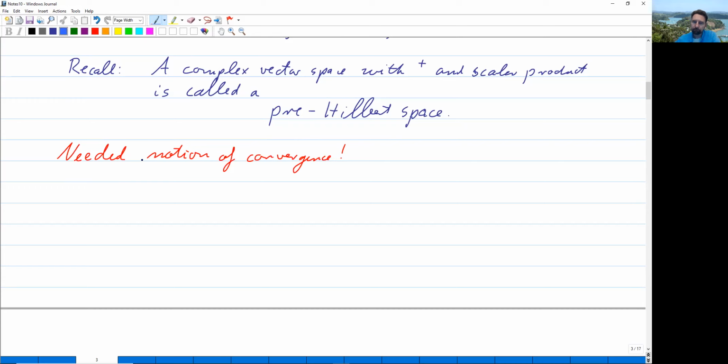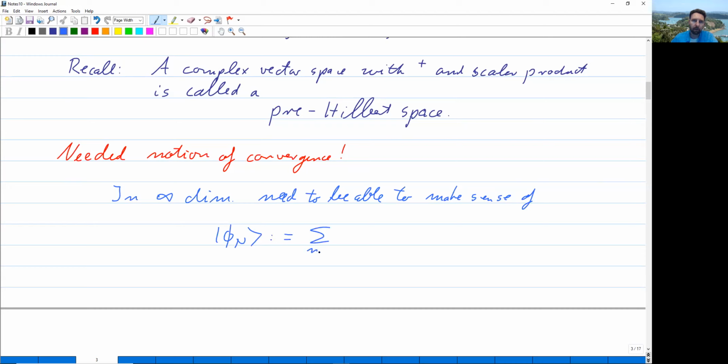So what did we do there? First of all, in infinite dimensional vector spaces, I'm just writing up what I just said, we need to be able to make sense of a statement like this, namely that we define a vector phi N to be the sum n equals 1 to capital N of some coefficients lambda n times some vectors psi n.